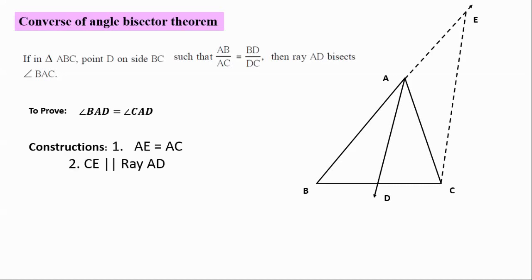Okay, now the construction. We are first going to consider AE equal to AC. We consider the point E in such a way that AC is equal to AE. Then we are also going to draw CE parallel to AD, a line CE parallel to ray AD.